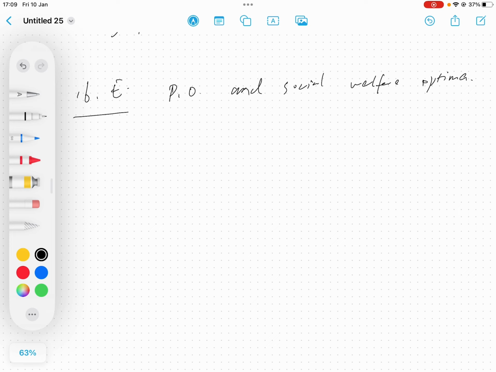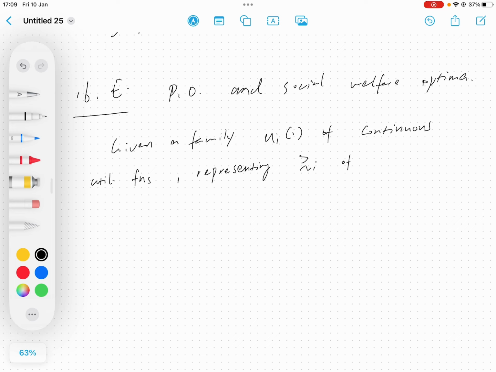Okay, so now we're given a family, which is called u_i, of continuous utility functions representing the preferences of I consumers, okay.